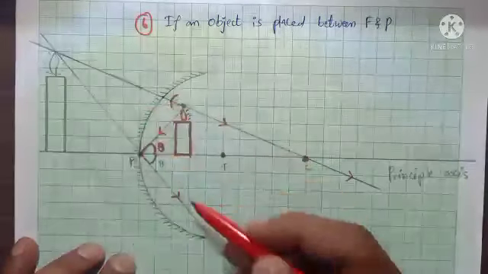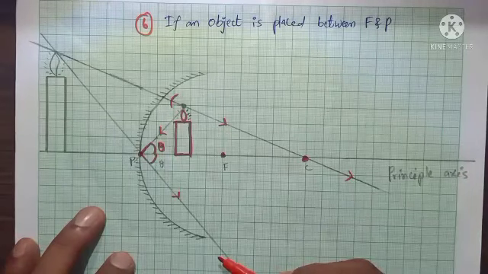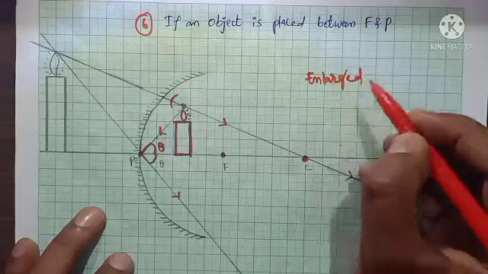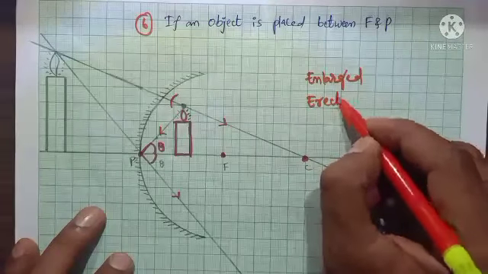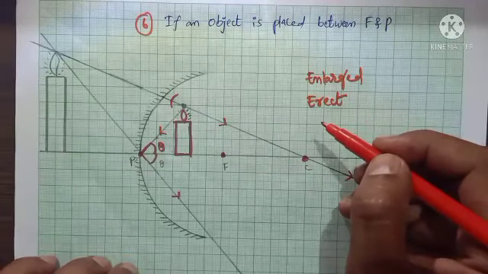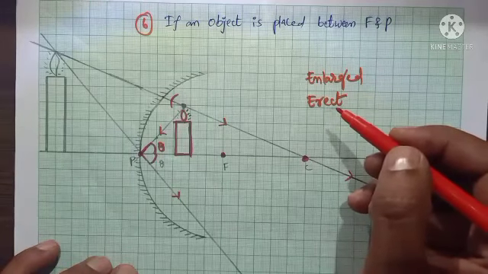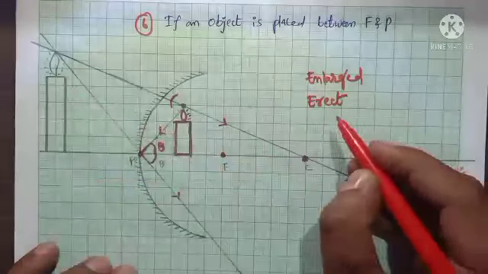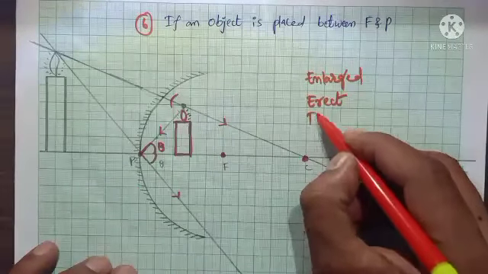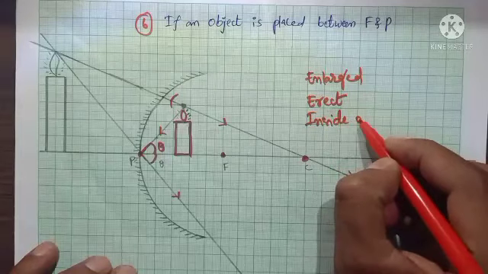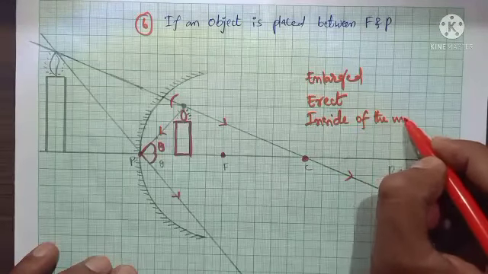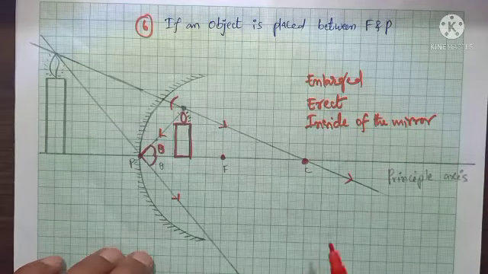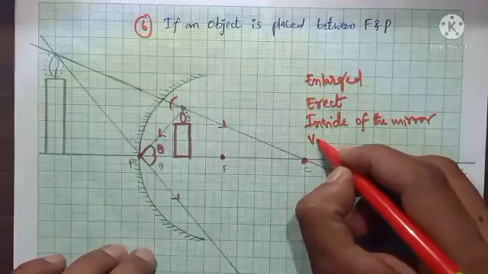It is an enlarged image, it is an erect image. Erect means as it is, not inverted, and it forms inside the mirror, and it is a virtual image.